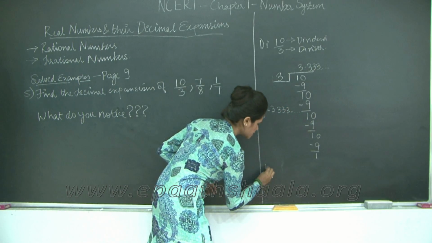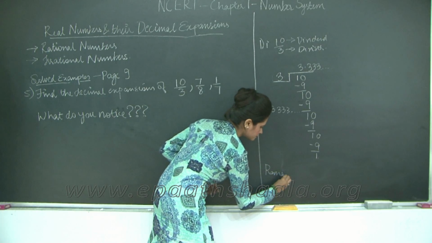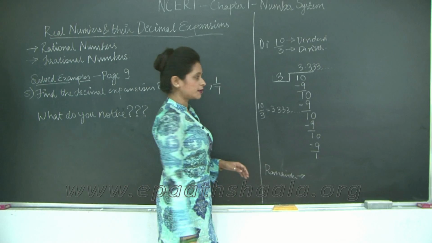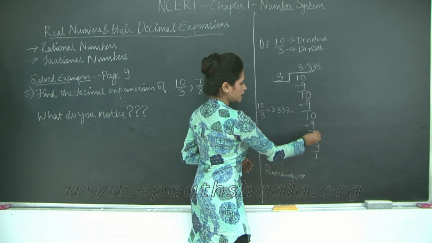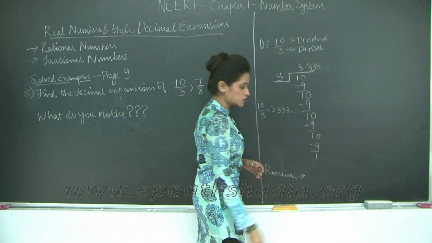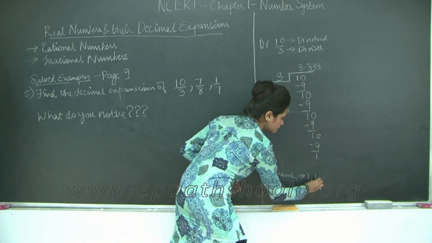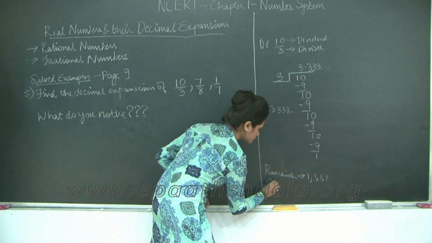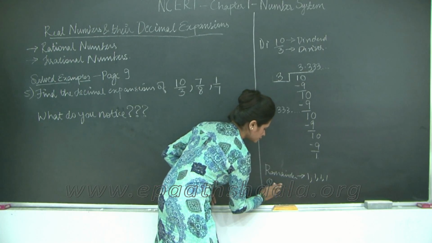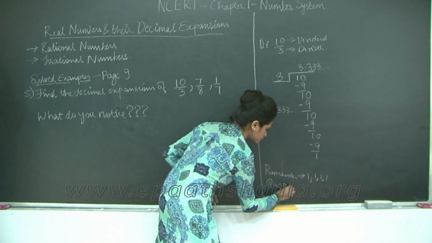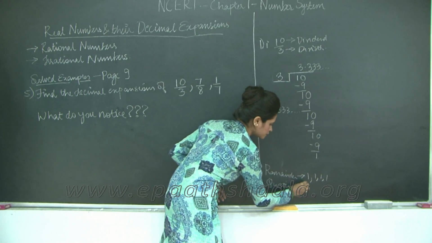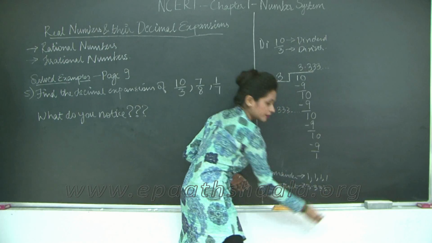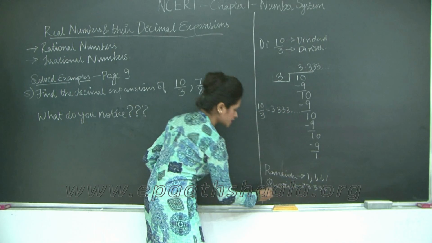So, the remainders, let us see the sequence of remainders. We have 1, 1, 1, 1 and the list goes on. Right, and the quotient is 3.333 and so on, as well as my divisor is 3.